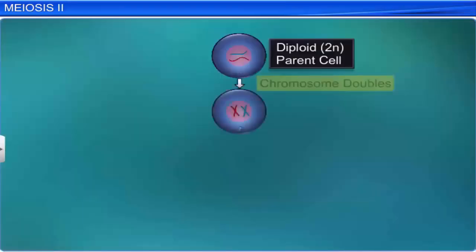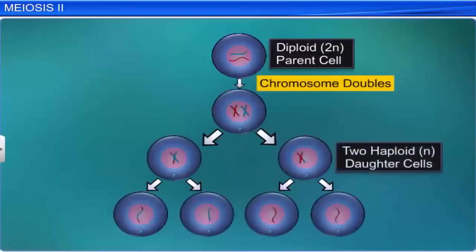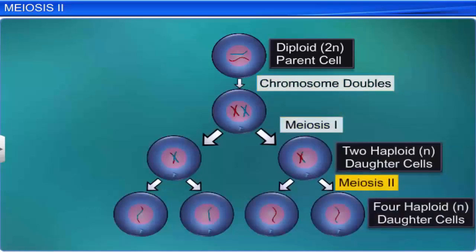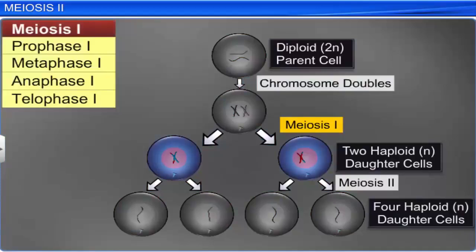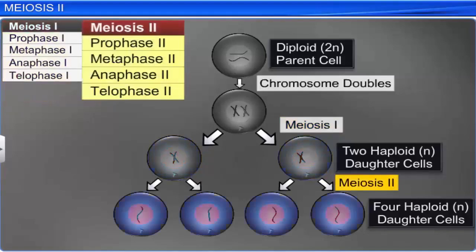Meiosis consists of two cell divisions, namely meiosis 1 and 2. Meiosis 1 is divided into four stages: prophase 1, metaphase 1, anaphase 1, and telophase 1. Similarly, meiosis 2 is divided into four phases: prophase 2, metaphase 2, anaphase 2, and telophase 2.